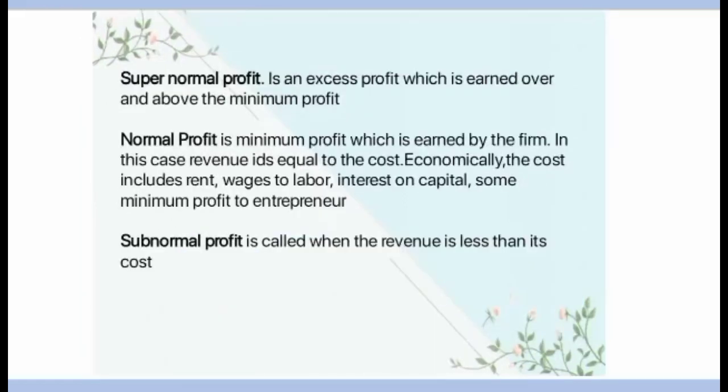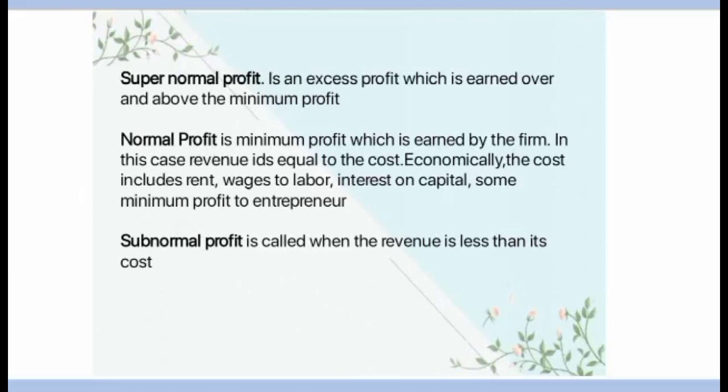First is supernormal profit. It is an excess profit which is earned over and above the minimum profit. In other words, it is the excess of estimated future profit over the normal profit. It is a way of determining the extra profits that are earned by the business.